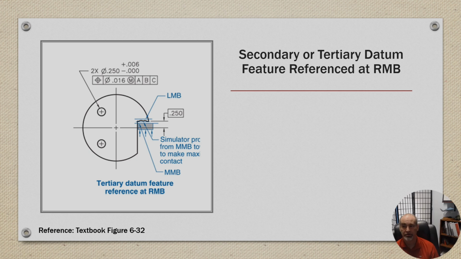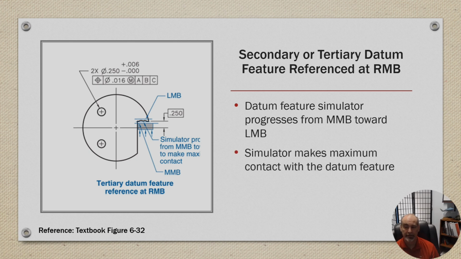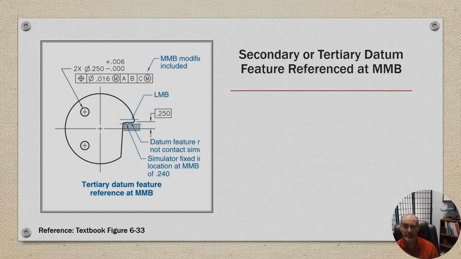Okay, secondary or tertiary datum feature referenced at RMB. The datum feature simulator progresses from maximum material boundary toward least material boundary. The simulator makes maximum contact with the datum feature. Okay. Secondary or tertiary feature referenced at maximum material boundary. The datum feature simulator in the fixed location is going to be made in the fixture at maximum material boundary. Okay.